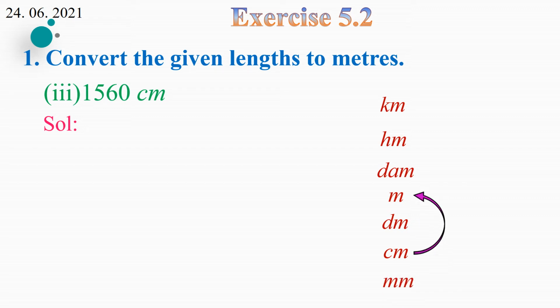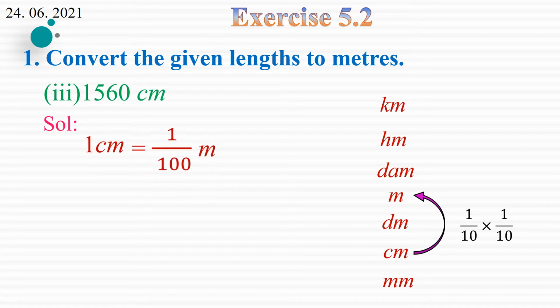Now start from centimeter to meter. Centimeter to decimeter, 1 step. Decimeter to meter, 2 step. We have to move 2 steps upward. So each step of unit 1 by 10. Here we have to move 2 steps. So we get 1 by 10 into 1 by 10. The formula is 1 centimeter equal to 1 by 100 meter.